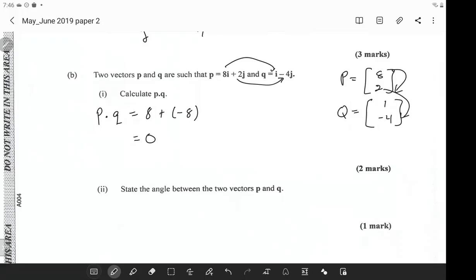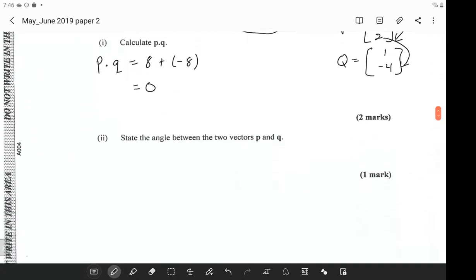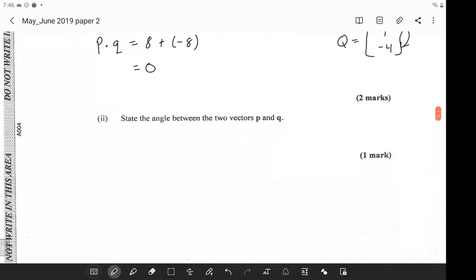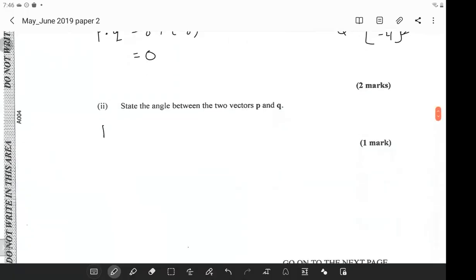Now, you should be jumping for joy here. What happens when the dot product is 0? Right? Maybe you could comment below and tell me before I say it. But when the dot product is 0, that means that the vectors are perpendicular. Because if you could recall, P dot Q is equal to length of P, length of Q, cosine theta.